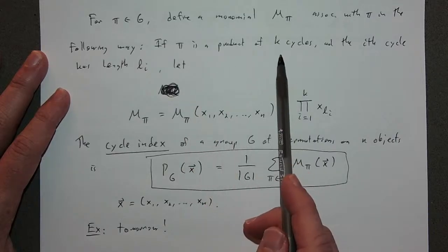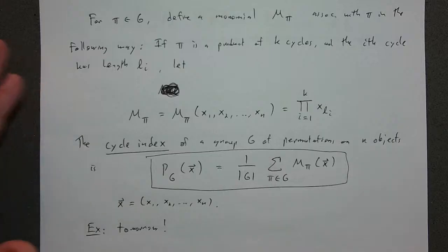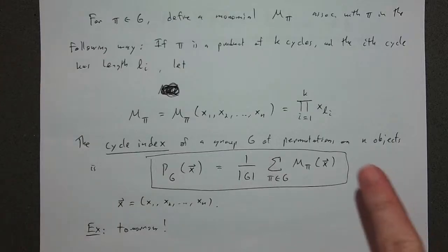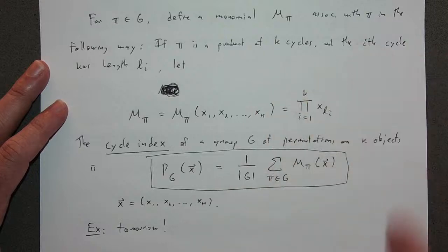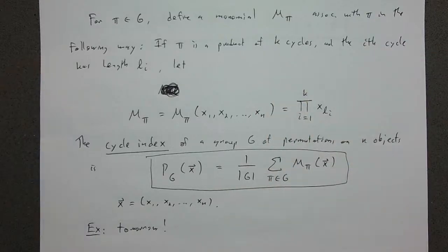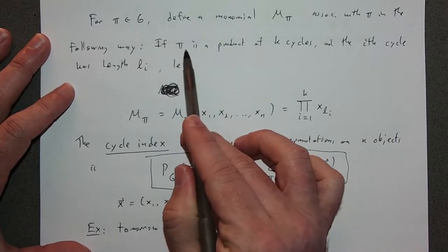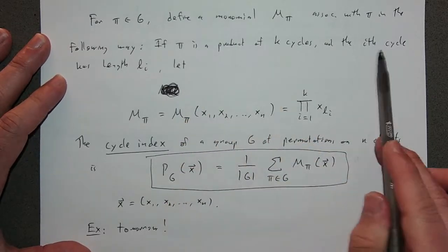Any permutation is a product of k cycles. We went through this yesterday, how even the identity permutation, you have to actually write out all the one cycles. Any of those one cycles that indicate which objects are being fixed by that permutation, you have to write them all out for this formulation. That's how this works. So any permutation is a product of k cycles.